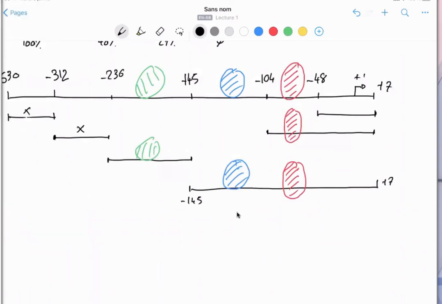So it means that this part of the promoter DNA, minus 145, can be engaged in two different types of complex. One of the most possible hypotheses would be, okay, we showed before that the red protein can interact there. So we can imagine that between 145 and 104, there is a second site that is not always occupied by the protein.